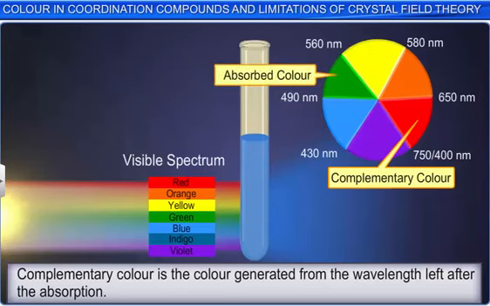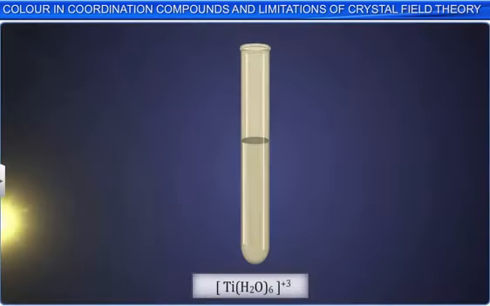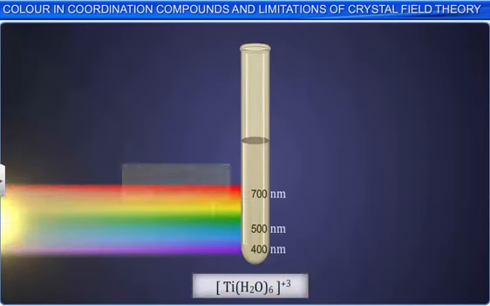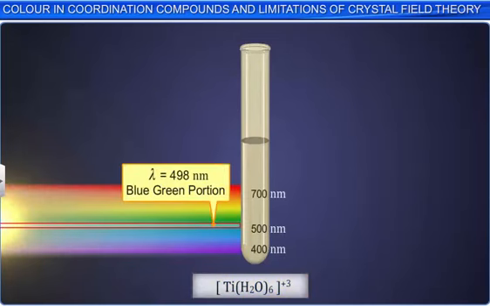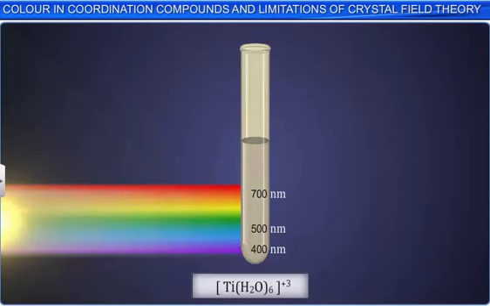Complementary color is the color generated from the wavelength left after the absorption. For example, for hexaaquatitanium(III), the maximum absorption occurs at 498 nanometers, which corresponds to the blue-green portion of light. The transmitted light is devoid of the blue-green portion, and hence the complex appears purple.